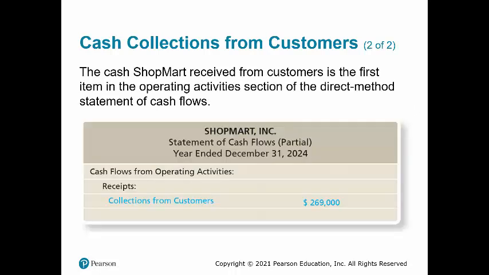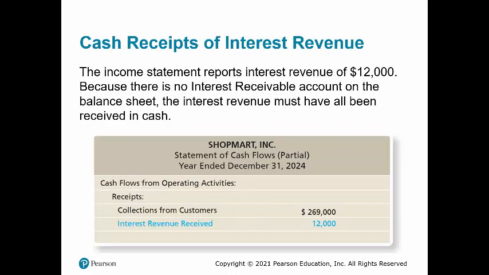So we would present this using the direct method in the operating activities section by showing first cash flows from operating activities, then receipts, and then showing collections from customers of $269,000. The next type of cash receipts would be cash receipts of interest revenue.